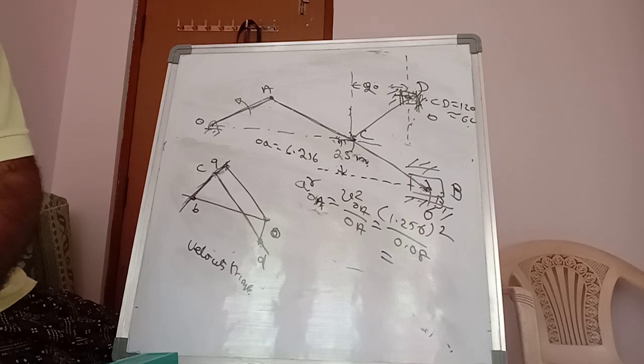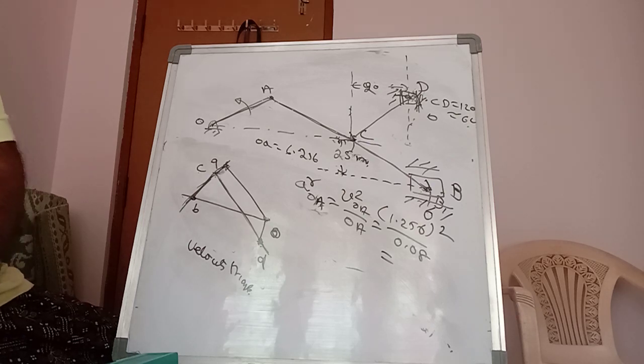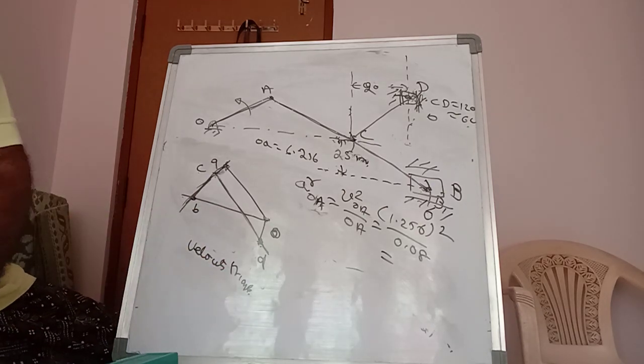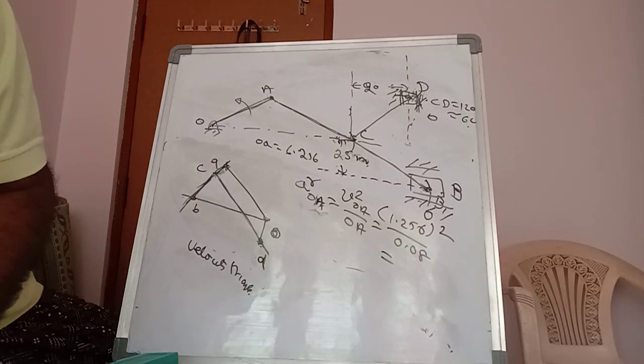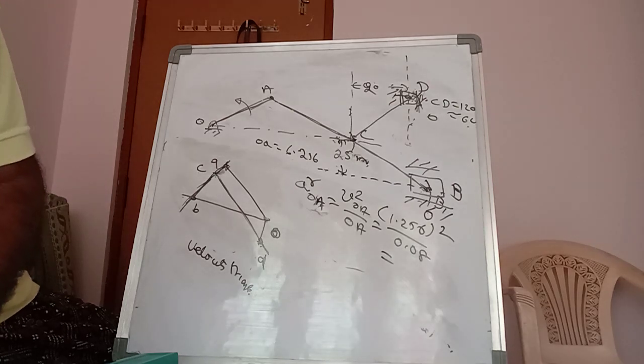Sorry for the interruption. So we'll calculate the 1.256 whole square by OA. See here I don't have any calculator with me. So, okay.